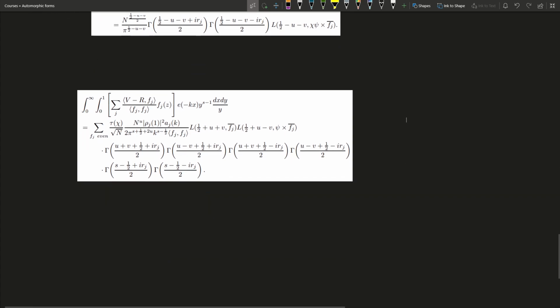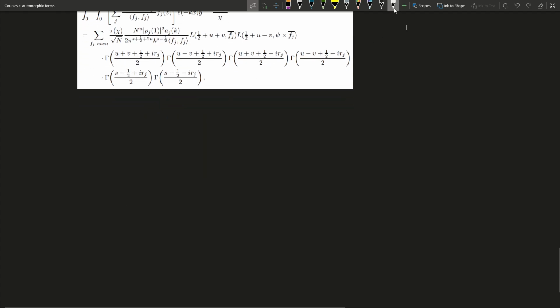Ultimately, if we look at this quantity, let me see exactly how I defined it. One sec. So let's define L sub k of s.